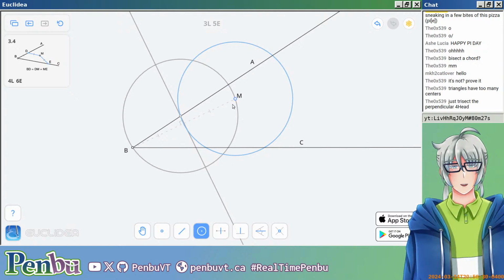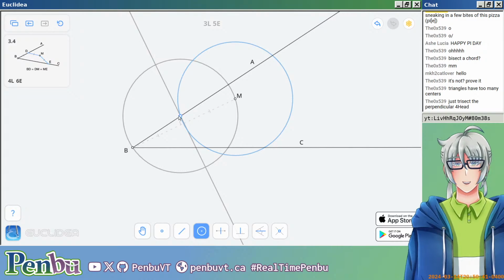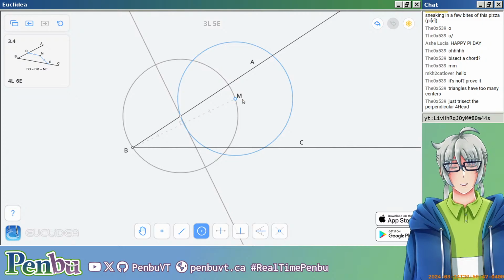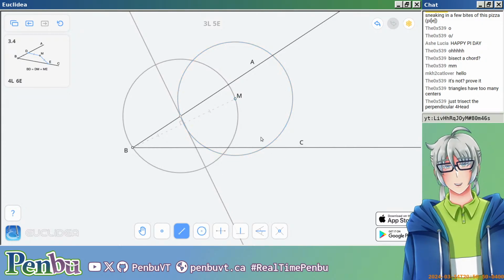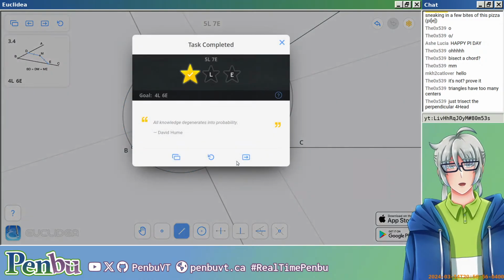So because this point and this point and this point are the same distance away from the midpoint of this circle, the circle that passes through this point and has center M is also the same size, which means these lines here should be equal.